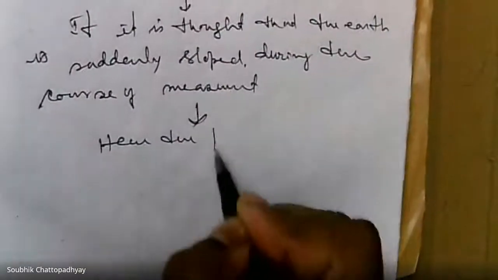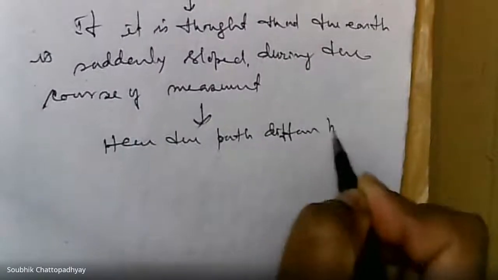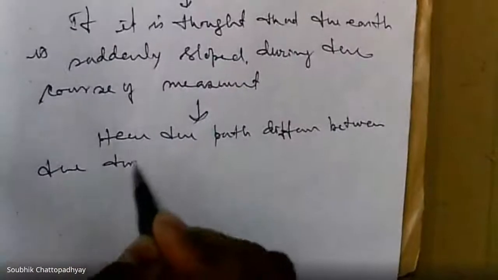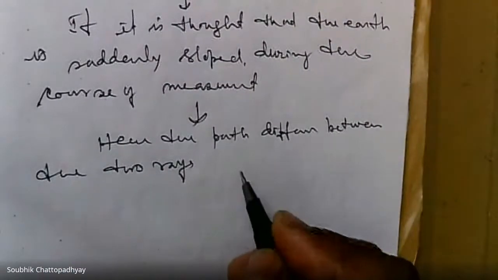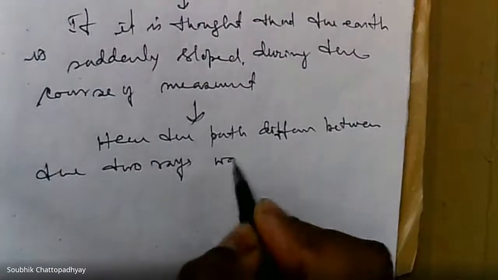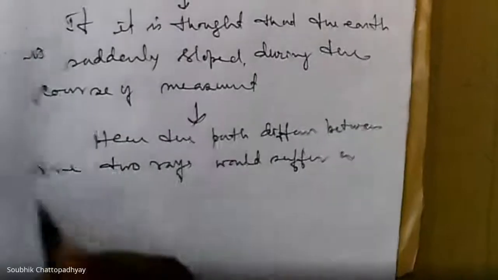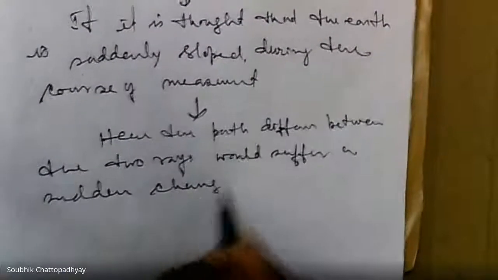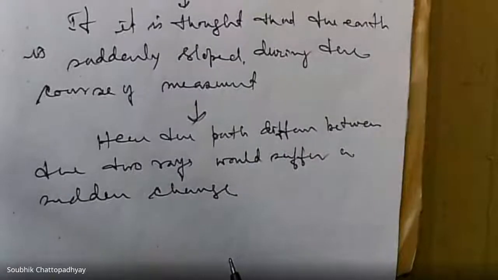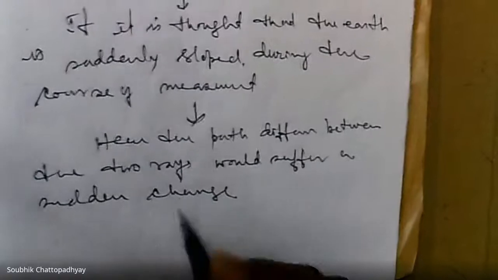Hence, the path difference between the two rays would suffer a sudden change, and there would be some displacement of the interference fringe.